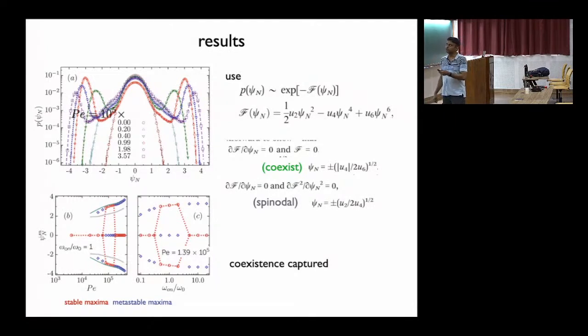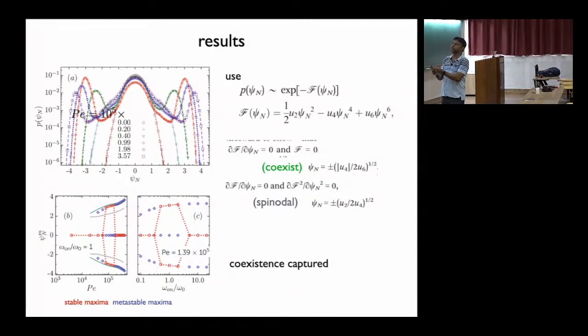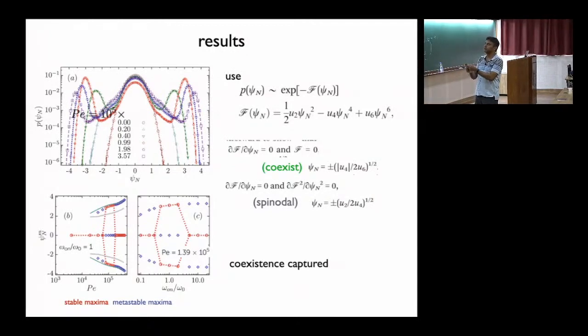You see that all these distributions are always symmetric around 0 because there is no symmetry breaking. If the activity, which I'm calling the Peclet number, just imagine this is V0, is 0, it doesn't get into the spiral state, and you get this nice Gaussian shape of the distribution. Then as you generate activity, beyond a point you start to see these maxima appearing.